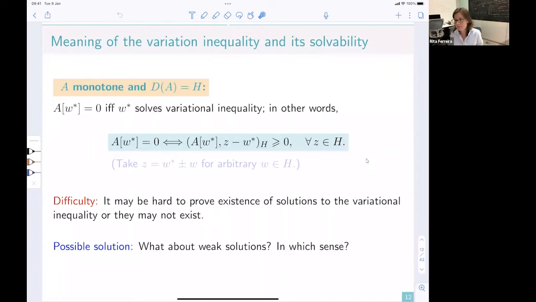Now, as it happens with monotone operators and with PDEs in general, it may be hard to prove that strong solutions, so solutions to the strong variational inequality, exist, or they may even fail to exist. Of course, the way we in general address this kind of problem is by trying to prove some kind of weak solutions, and the question is always in which sense these weak solutions should be.